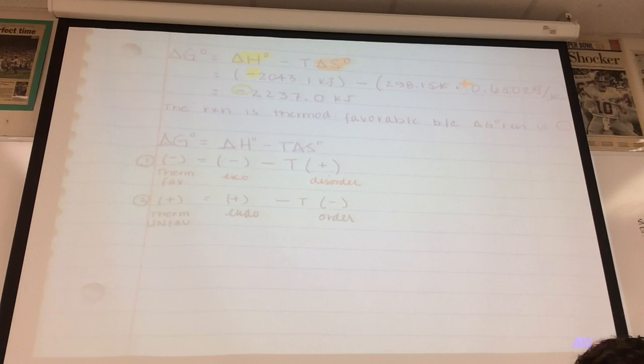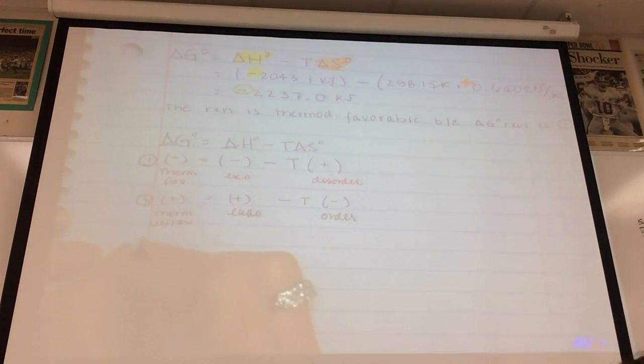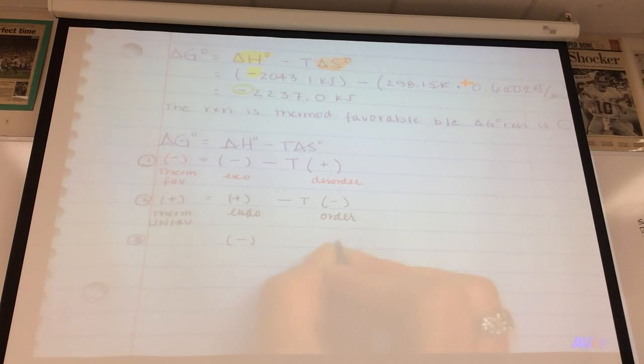Temperature plays a factor in the following way. Let's say, for example, that you have an exothermic reaction and order. And let's say we want thermodynamic favorability. What's the only way that delta G will be negative with an exothermic reaction that favors order?